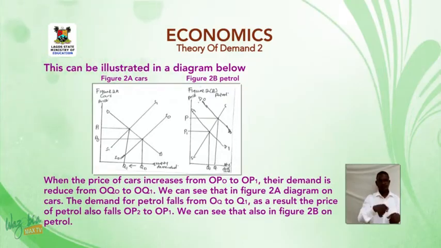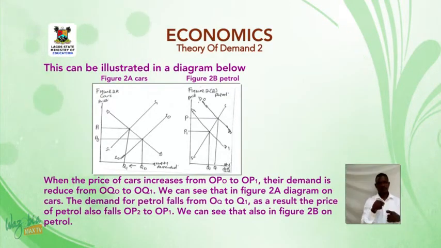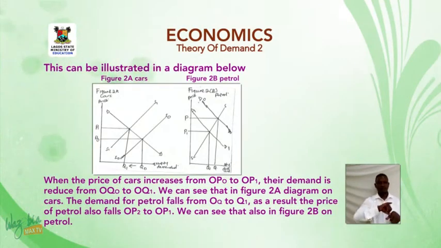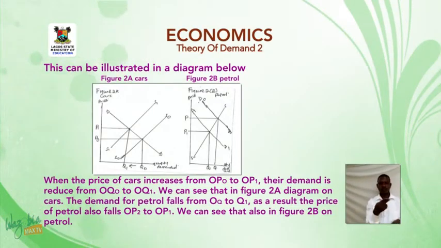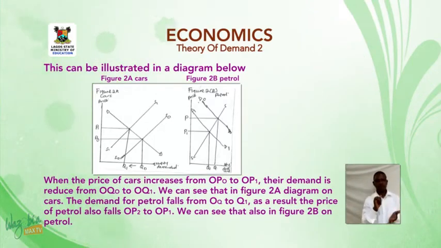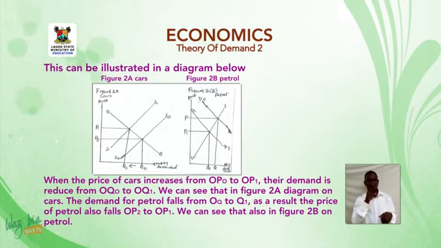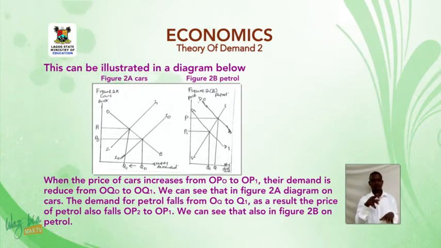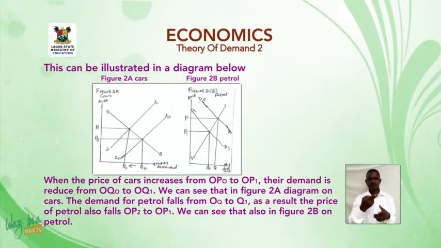The demand for petrol falls from OQ to Q1. As a result, the price of petrol also falls from OP to OP1. We can see that also in figure 2B on petrol.